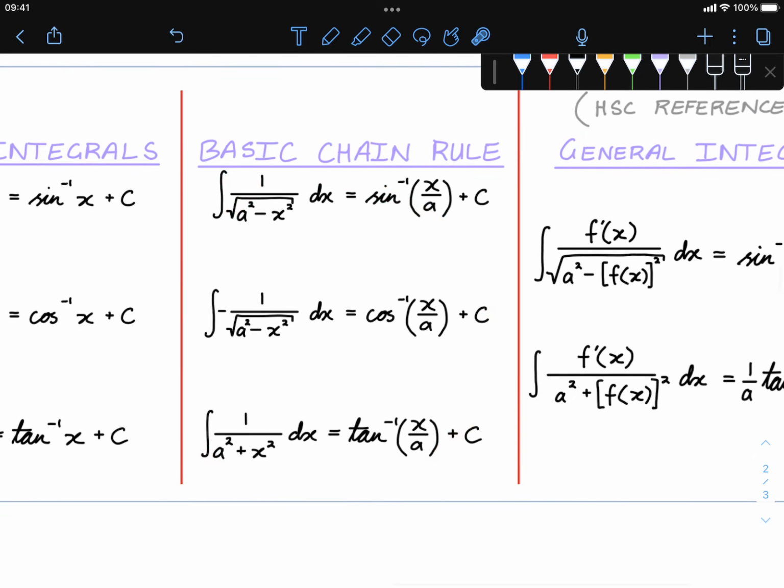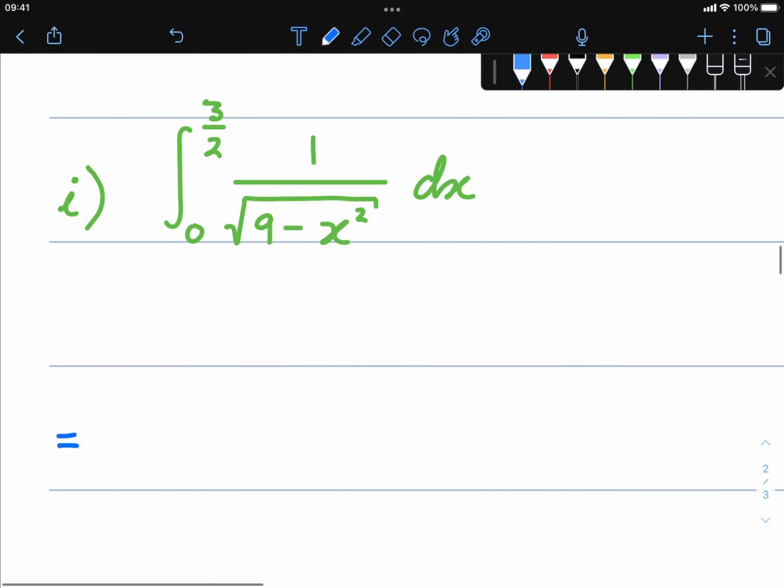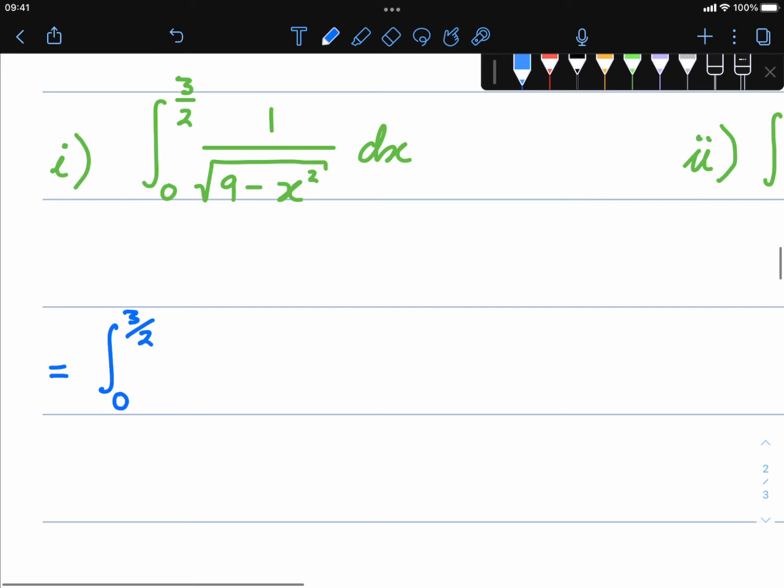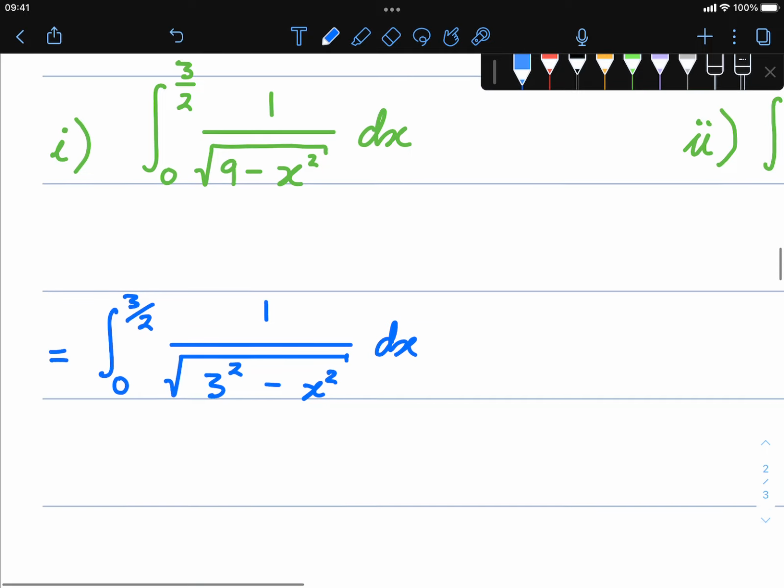So a squared. So if I were to change this a little bit, I would write it as the integral from 0 to 3 on 2. So far, everything's the same. But instead of 9, I'm going to be writing it as 3 squared dx.